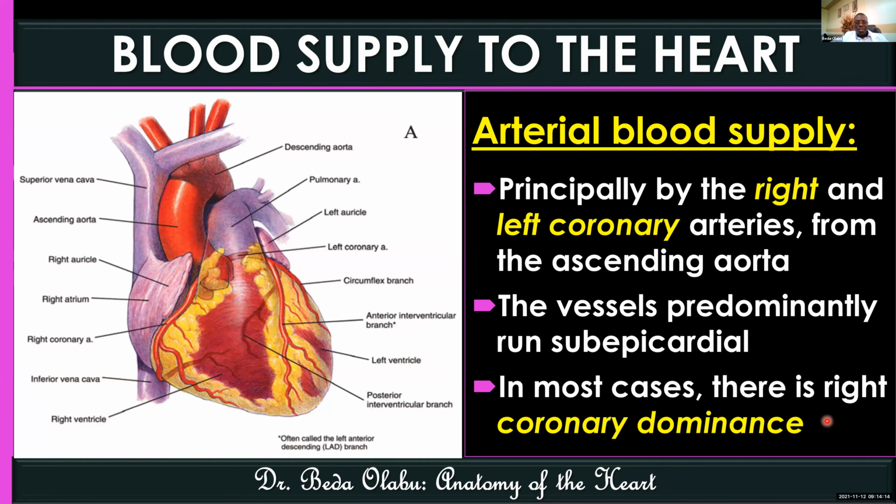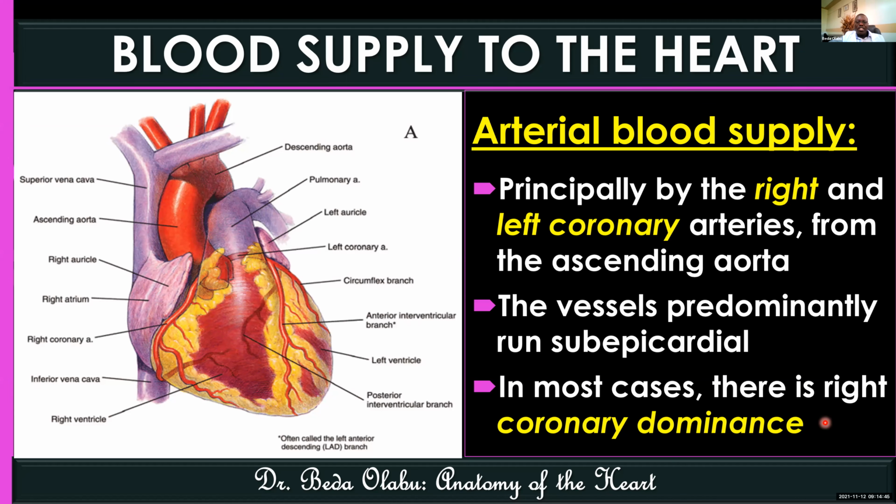Even though the right coronary artery is a smaller artery, usually it is the one that supplies most of the cardiac conduction tissue in many individuals. For that reason, in most cases, we talk of a heart having a right coronary dominance, even though the right coronary artery is a smaller artery. So don't confuse.